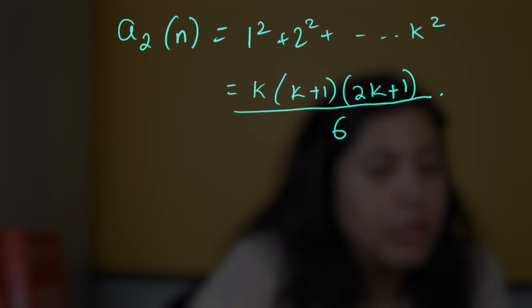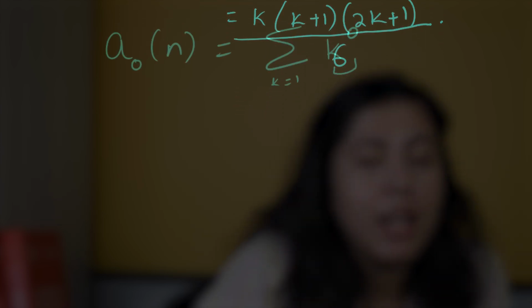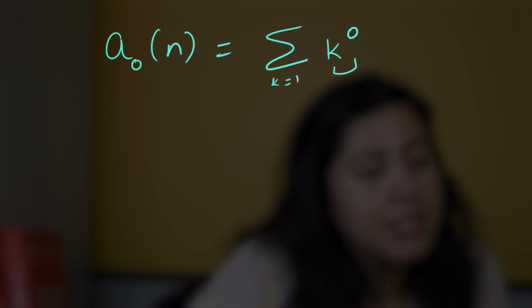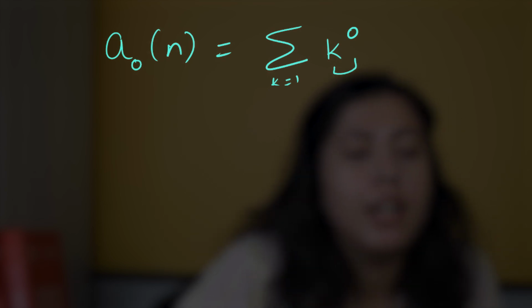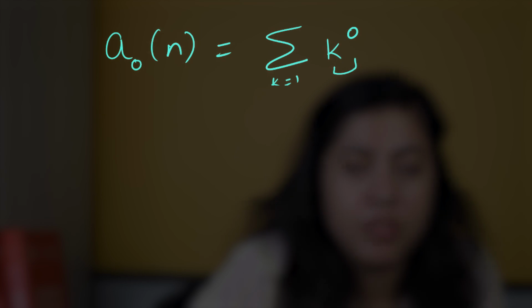So for our third part, that is a0 of n and a3 of n, let's figure out these two. a0 of n is simply the sum of numbers with power 0, that is k to the power 0. And from the laws of exponents, we know that any number to the power 0 is just 1.